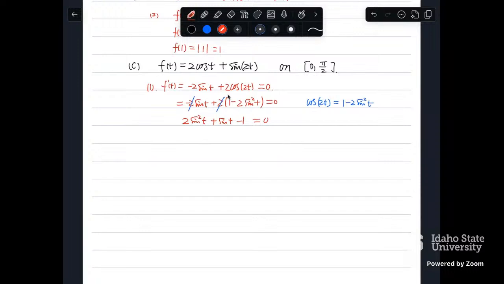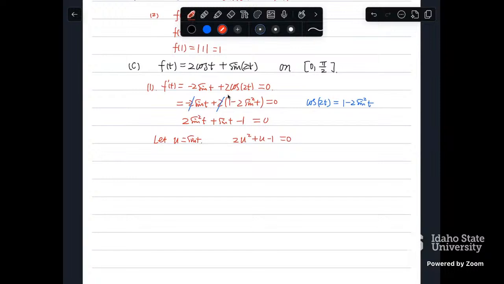If you notice, this is sine t here, so if you do a substitution, think of sine t as some unknown value u, and this is 2u squared. It becomes a quadratic function. So let u equal sine of t, and then this equation becomes 2u squared plus u minus 1 equals 0. This is a quadratic equation.